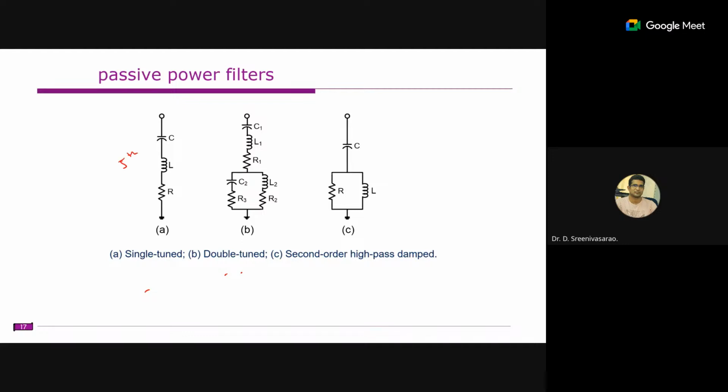Let us assume it is fifth order harmonic, and due to the deviations in these values, the resonance may occur at a new frequency. Right? It may be some 5.5 instead of the fifth order harmonic or something like that. If you see this spectrum, like this is the impedance curve between the frequency and the magnitude of the impedance, right? It may be like this.